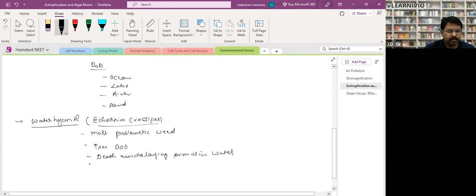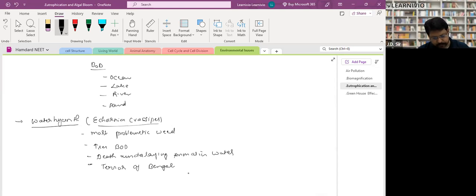And this Eichhornia crassipes or water hyacinth is also known as the terror of Bengal. This weed is known as terror of Bengal. Note it down. Got it?